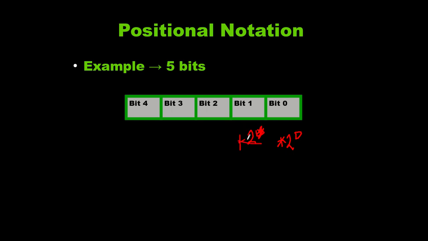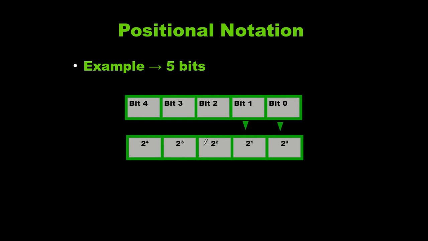Now bit 2 is 2 to the power 2 multiplied by whatever I have. This is 2 to the power 3, and this is 2 to the power 4, multiplied by whatever I have in it. So here's what I got: 2 to the power 0, 2 to the power 1. This is the value of each bit.